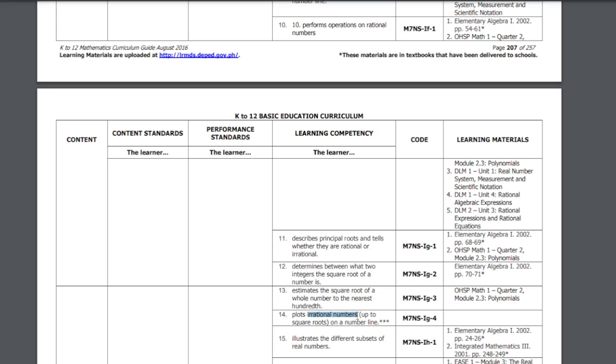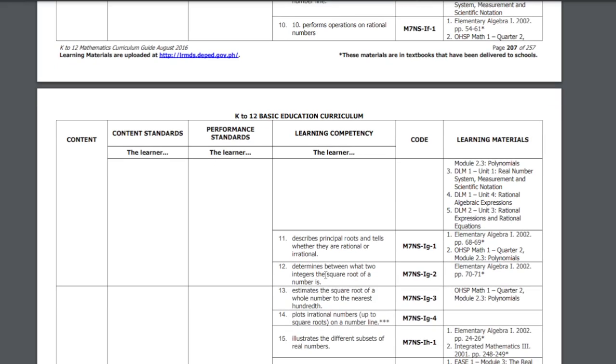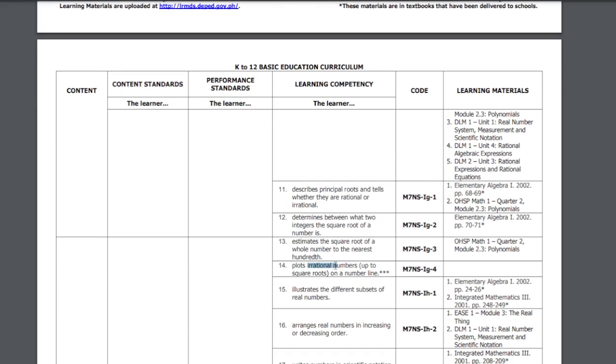And we're going to now see rational numbers. First up was integers, rational numbers, then of course we have real numbers. We're going to illustrate and arrange all those three, real numbers, rational numbers, in increasing and decreasing order. We're going to write numbers in scientific notation. Usually, the science teacher would teach this.